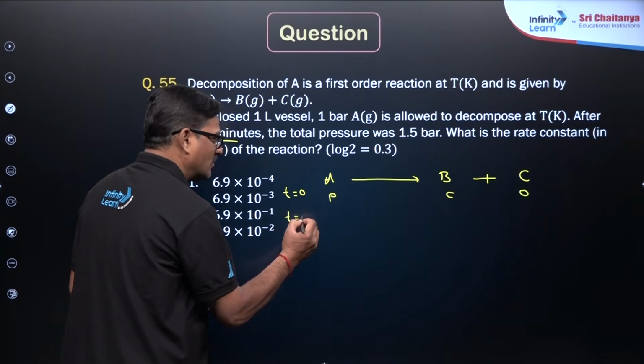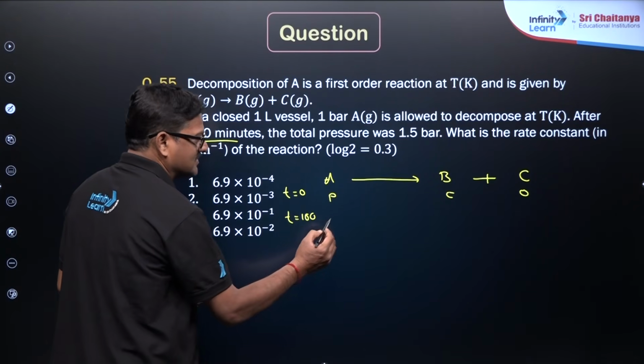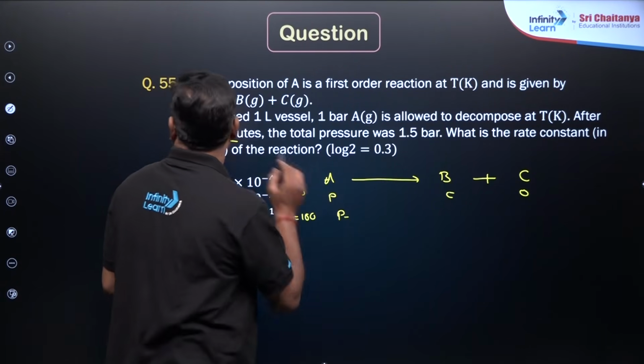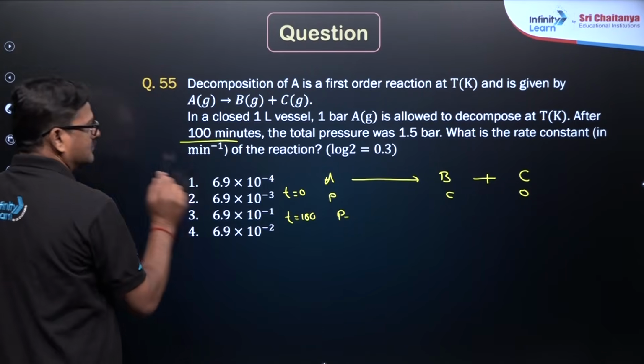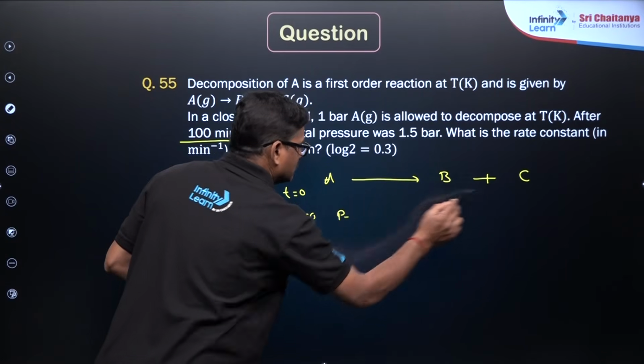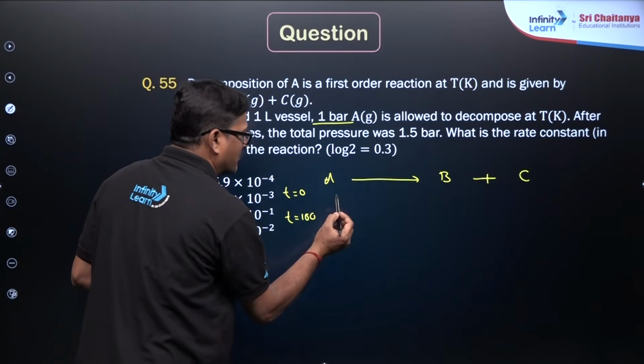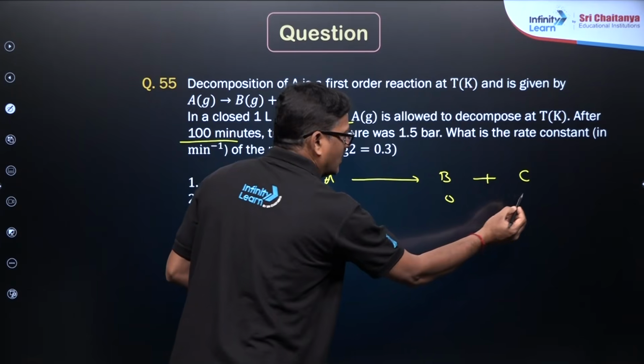When the time is equal to 100 minutes, it is given as 1 bar pressure, 1 and 0 and 0.